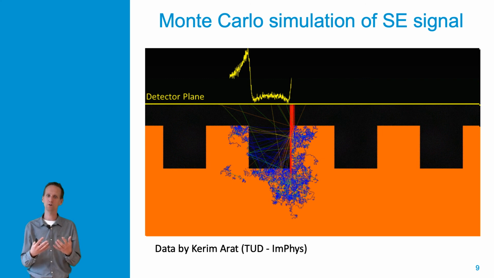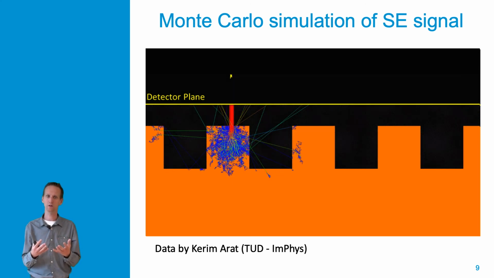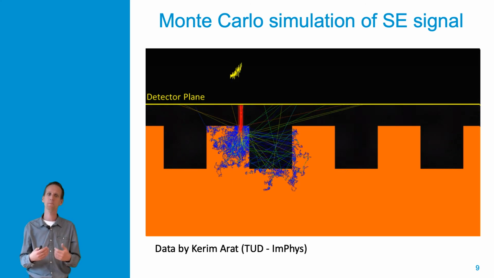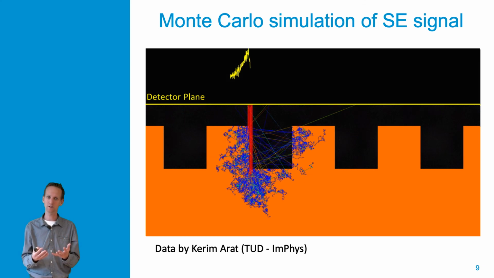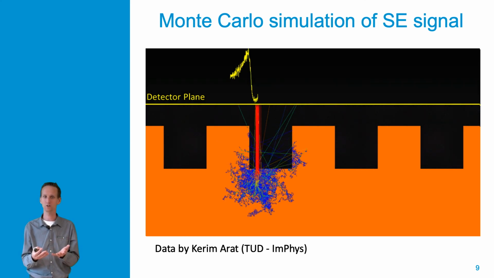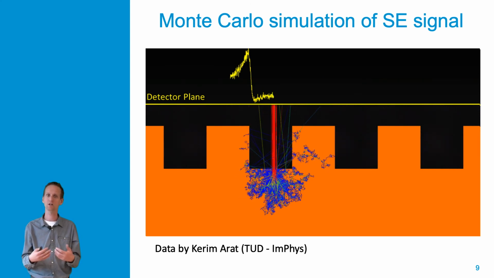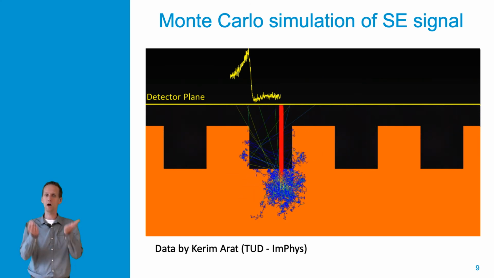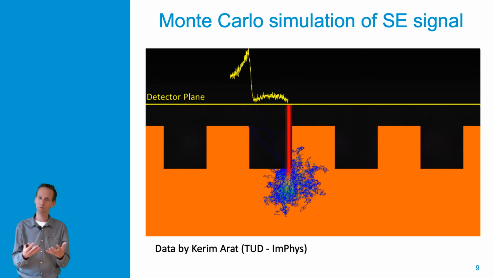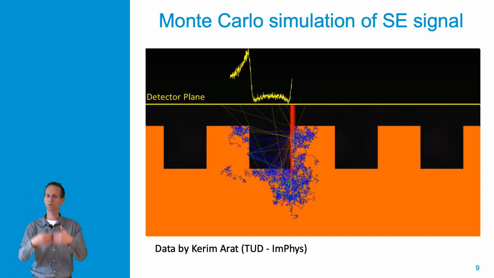You see that once we hit the inclination surface, the signal increases. Well, if we are in the trench, it decreases because a large fraction of secondary electrons gets absorbed by the higher up surface. In the middle of the trench, it again increases because more electrons are free to escape. And if we hit the second surface, again the signal increases.